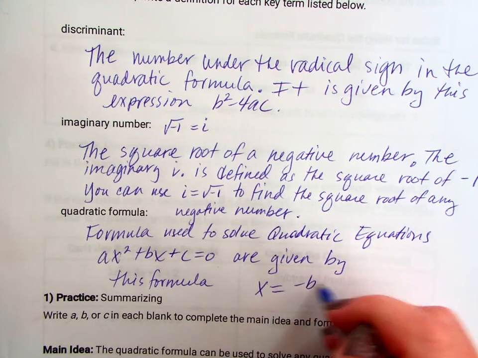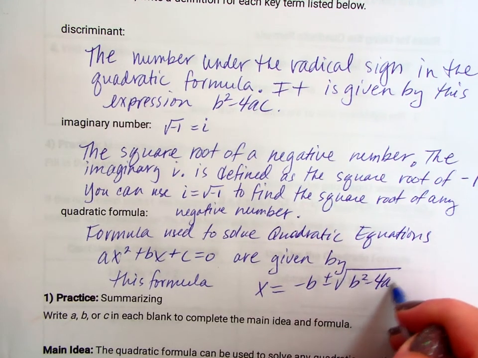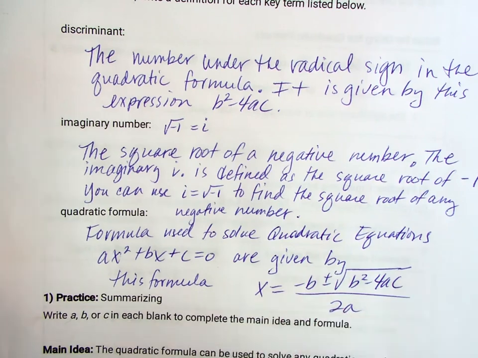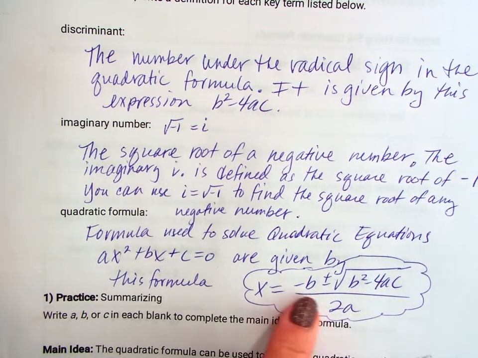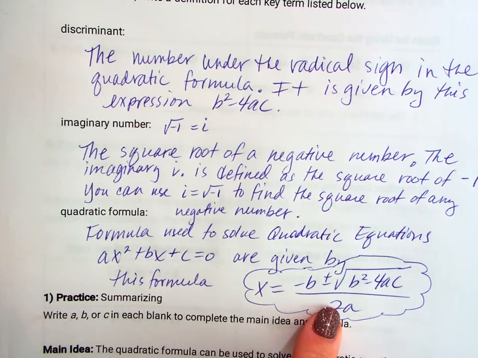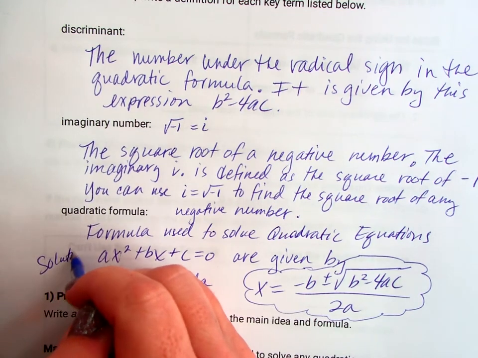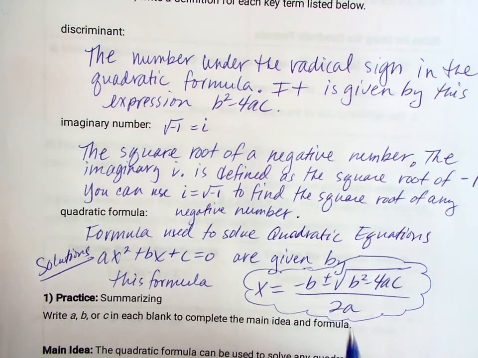X equals -b plus or minus square root b squared minus 4ac all over 2a. They make you sing this in some middle schools when they teach you the quadratic early. So I just want to let you know that you're welcome. I'm not going to make you sing it. So the solutions to a quadratic can be found by this formula every time. So if factoring doesn't work, if completing the square doesn't work, we can use this formula.